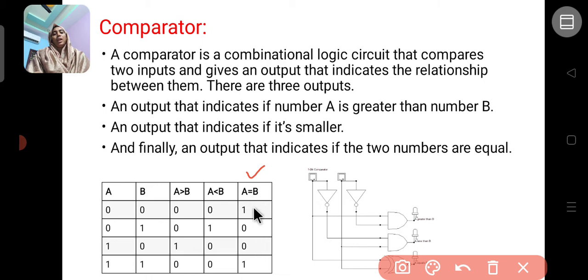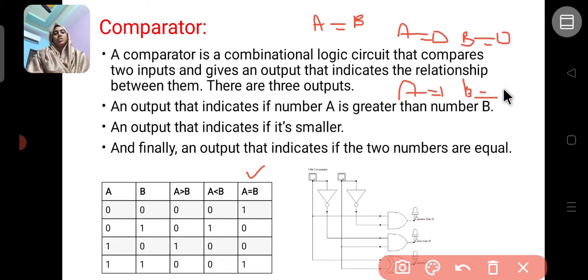Next, the third condition is A equivalent to B. A equivalent to B happens two times: when A equal to 0 and B equal to 0, or A equal to 1 and B equal to 1. In these two conditions we will get A equivalent to B. So for two conditions we have to write F3 equal to A bar B bar plus AB.